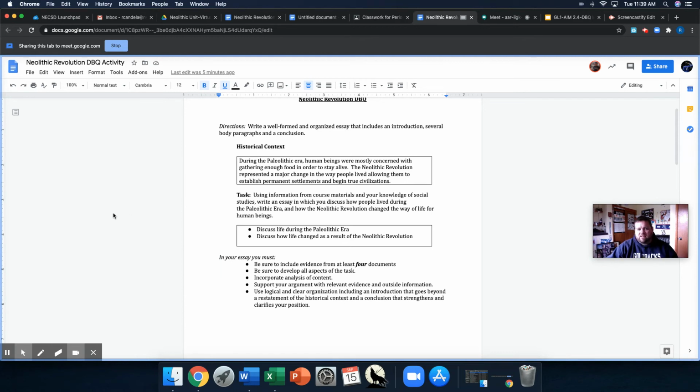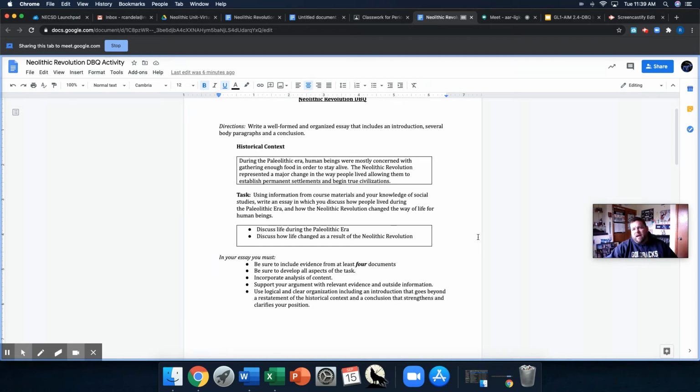This task is asking me to kind of compare and contrast life before the Neolithic Revolution to life after. And then the task gives us a couple of bullet points here. Bullet point 1, discuss life during the Paleolithic era. And bullet point 2, discuss how life changed as a result of the Neolithic Revolution.